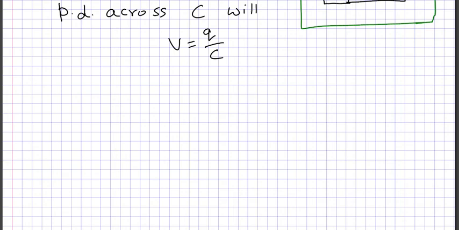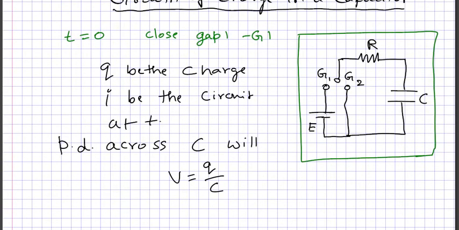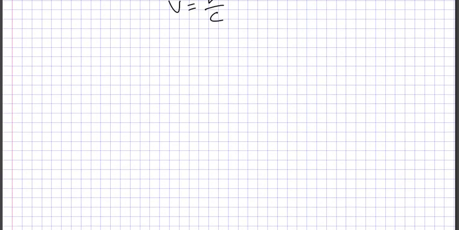As the capacitor gets charged, the voltage across the capacitor also increases, and this is measured using a voltmeter connected to either side of the capacitor's plates.